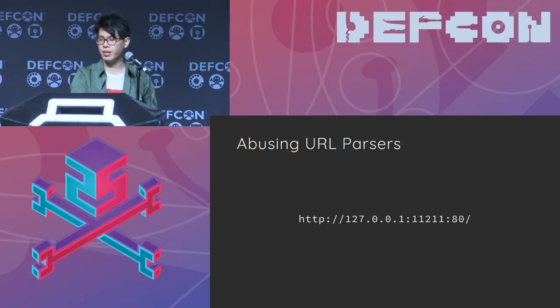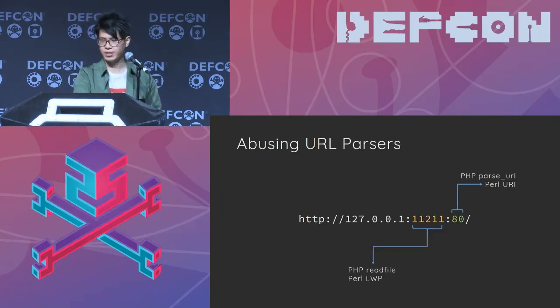But how about this URL? Everyone knows colon is the separator between the host and the port. The RFC defined the spec but didn't say how to implement it. So, will the colon be interpreted from the front or the back? It is interesting. For this URL, the PHP function parse_url recognizes 80 as the port number.